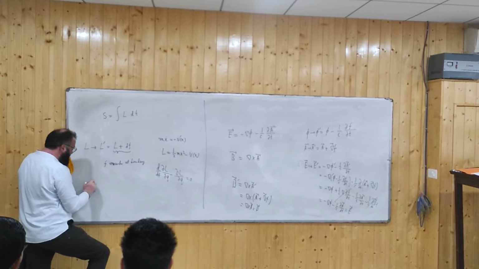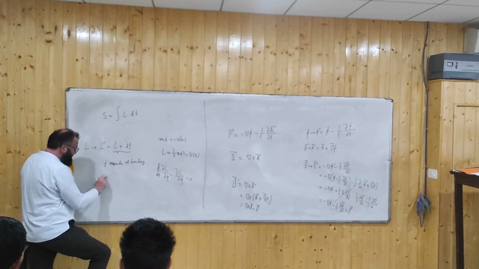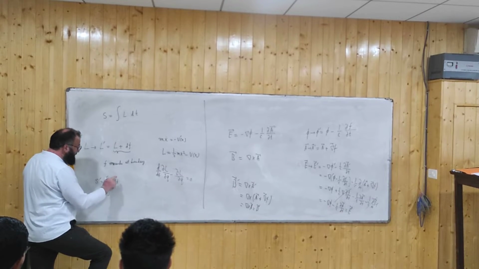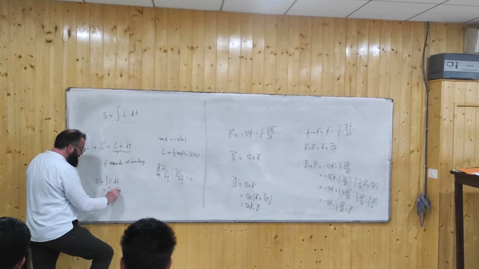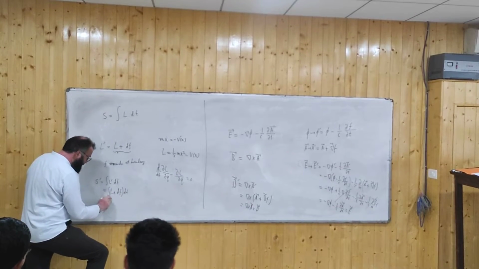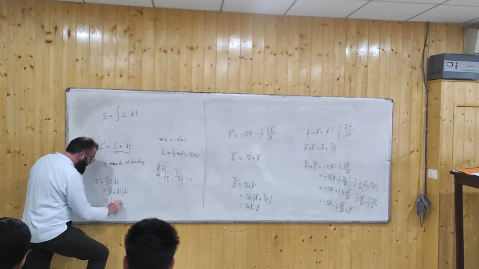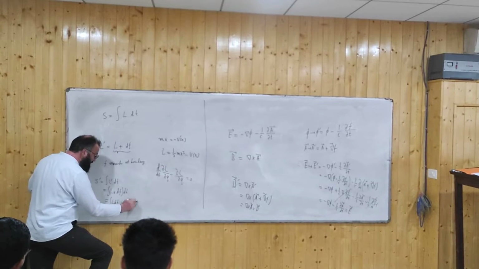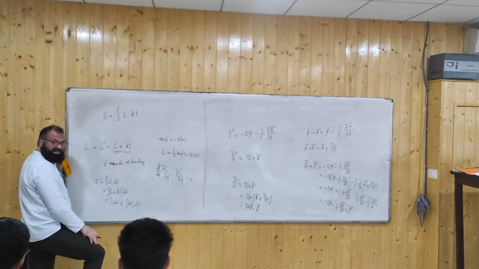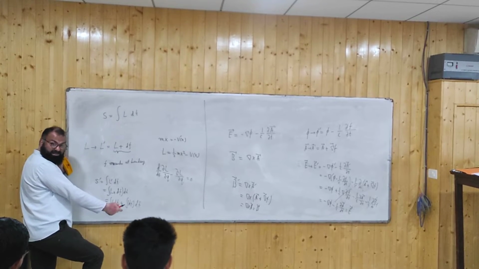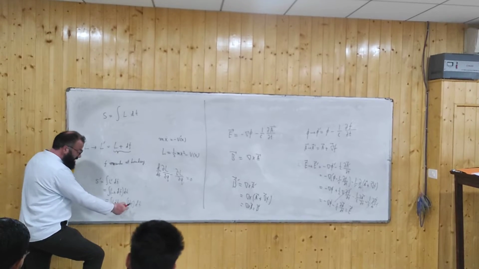Now let's write. My S prime will simply be the integral of L prime dt. So what is L prime? It's L plus df, dt. Clear? So you can write this as the integral of L dt plus the integral of df. This is a total derivative, is it? When you integrate a total derivative, what does it give?